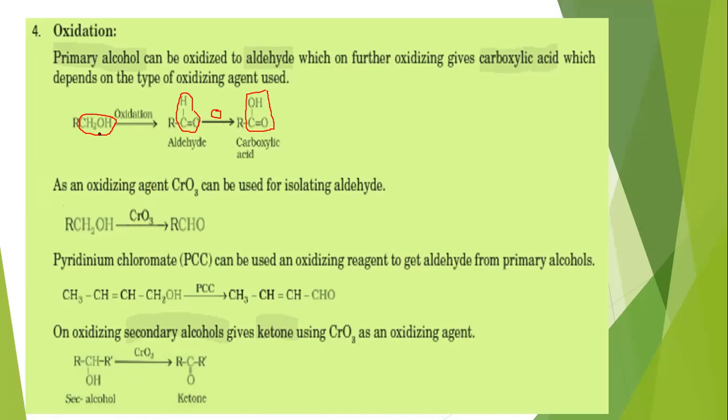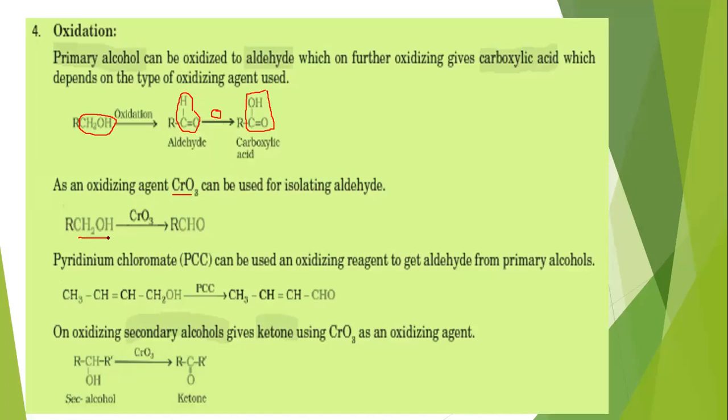Primary alcohols on oxidation give aldehydes, and aldehydes on further oxidation give carboxylic acid. An oxidizing agent CrO3 can be used for isolating aldehydes. If we want to prepare only aldehyde by this oxidation, then use CrO3.